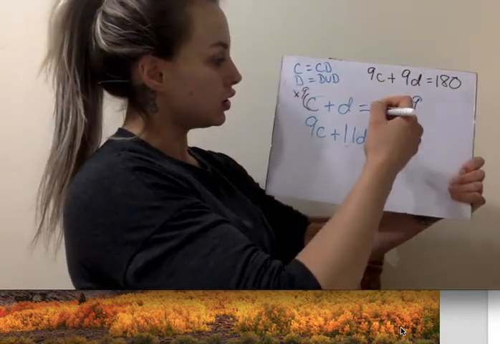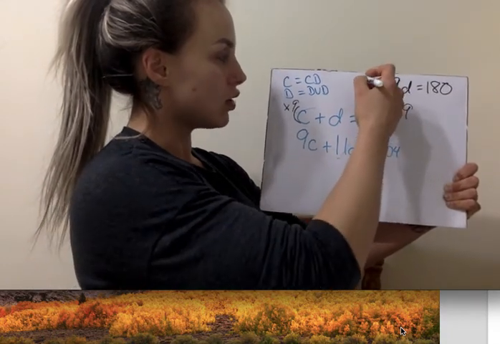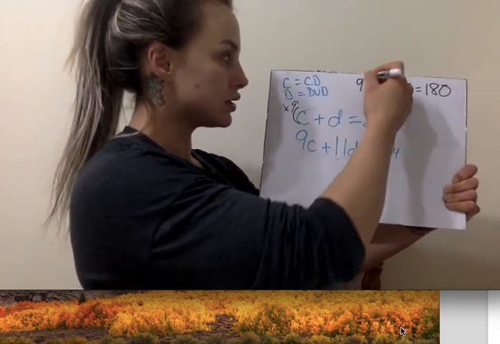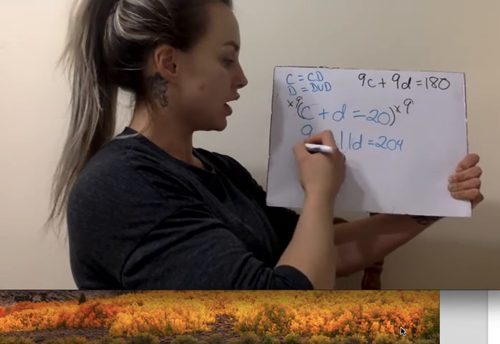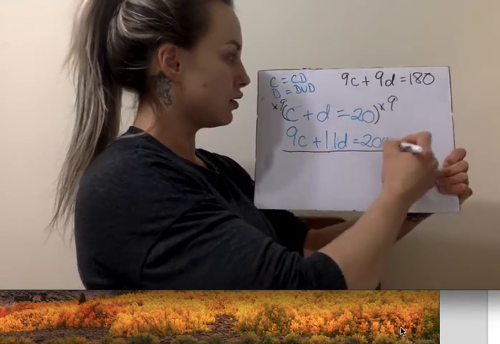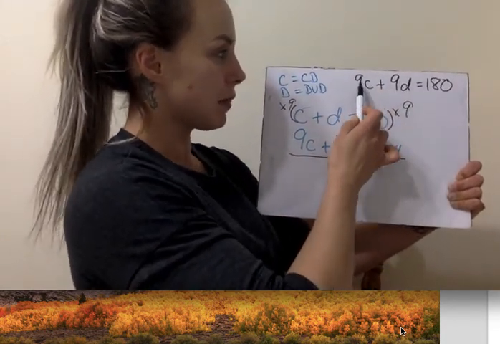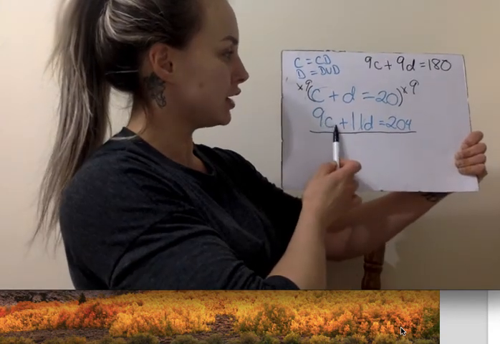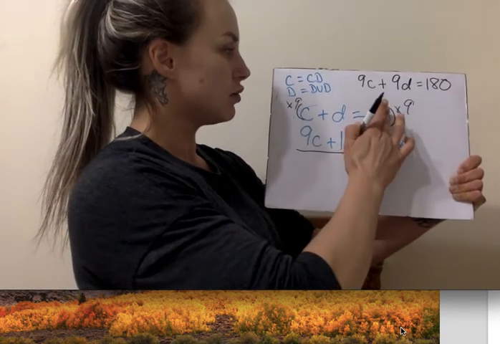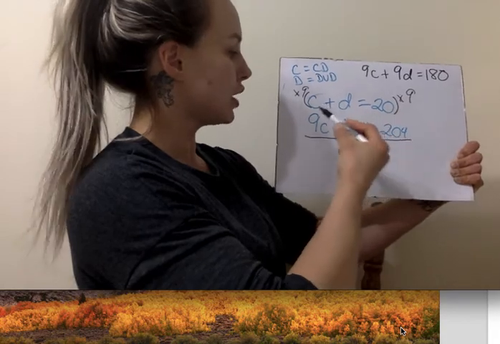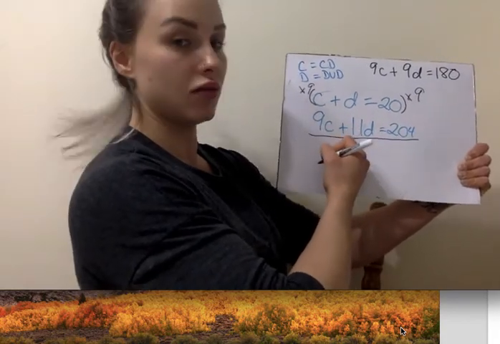So what we're going to do is we are going to minus these two equations. So if we minus 9C from 9C, we get 0.